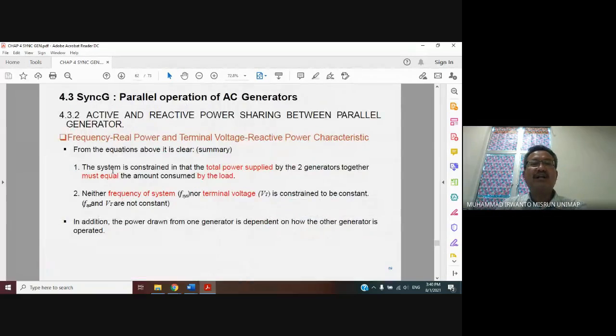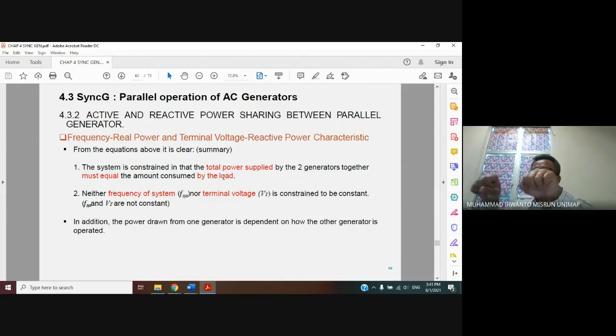Okay, and then we can summarize the operation of the two generators with changes of terminal voltage and frequency, but with the load remaining constant. First, the system is constrained so that the total power supplied by the two generators together must equal the amount consumed by the load.